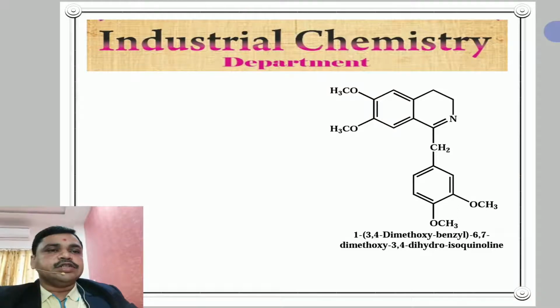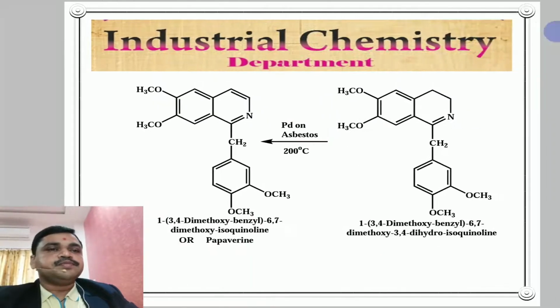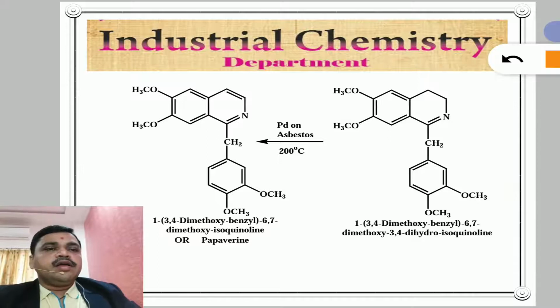After dehydration, we get this compound, 1-(3,4-dimethoxybenzyl)-6,7-dimethoxy-3,4-dihydroisoquinoline. This 1-(3,4-dimethoxybenzyl)-6,7-dimethoxy-3,4-dihydroisoquinoline is treated at 200 degrees Celsius temperature in presence of palladium on asbestos.